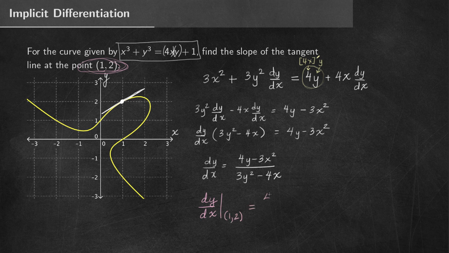So we do 4 times the y coordinate, so 4 times 2 minus 3 times the x coordinate squared over 3 times our y coordinate squared minus 4 times our x coordinate. So that's 8 minus 3 is 5, and then 4 times 3 is 12 minus 4 is 8. So the slope at that particular point is 5 over 8. And it does look indeed as though that slope is 5 over 8. It's a little bit bigger than 1/2.